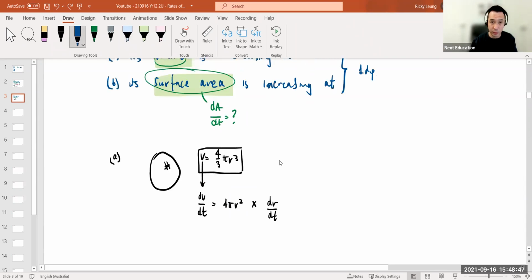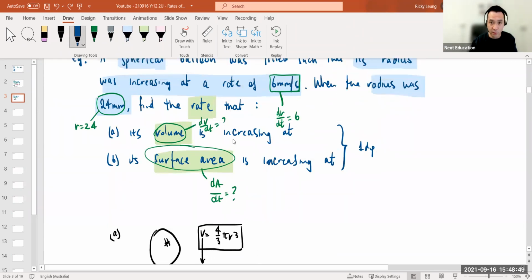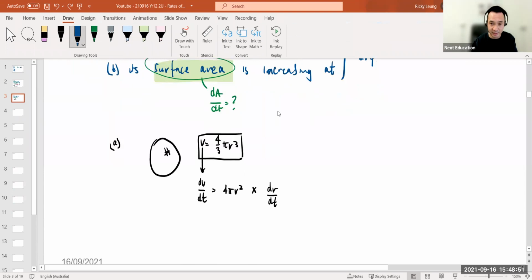Let's scroll back up to what we're given. I know that r is 24 and dr/dt is 6. You just plug that into the calculator. I'll go vertically so I have space to do the next question horizontally. 4 times pi times 24 squared times 6.